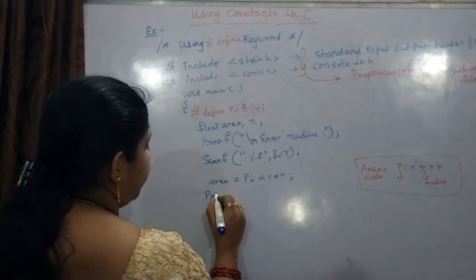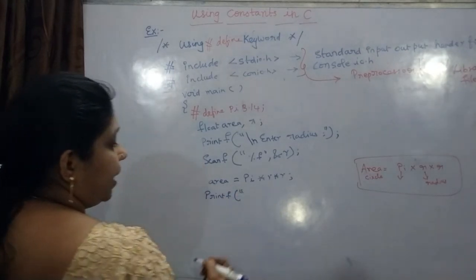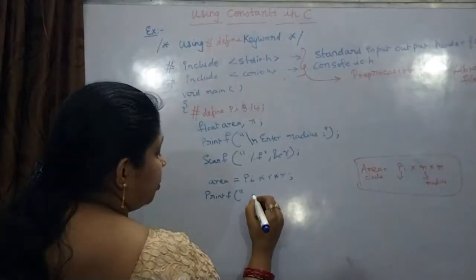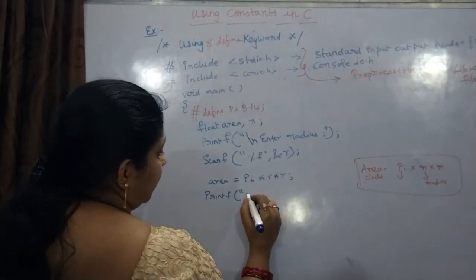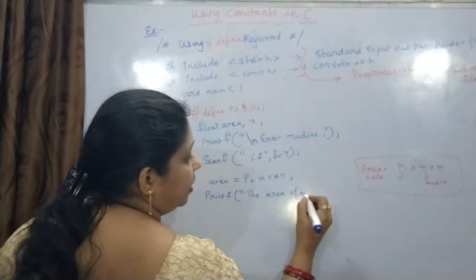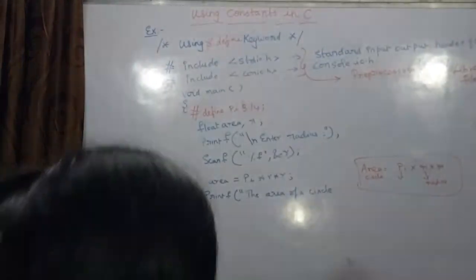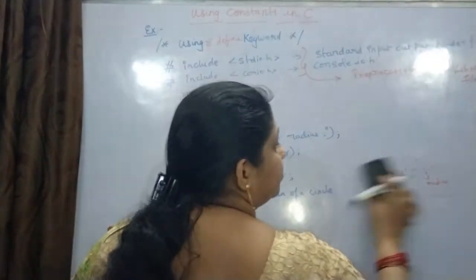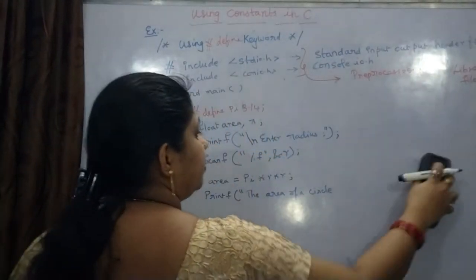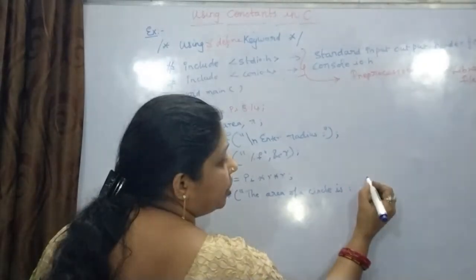Now printf, open the brackets. Now you are asking to print the answer. What are you going to give there? The area of a circle is.